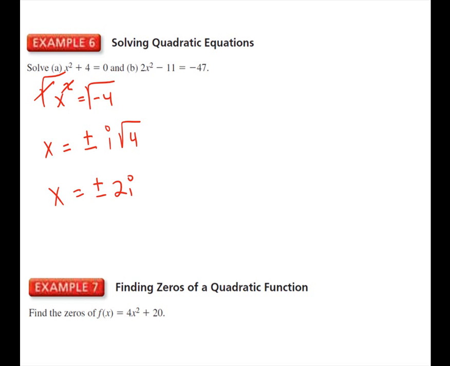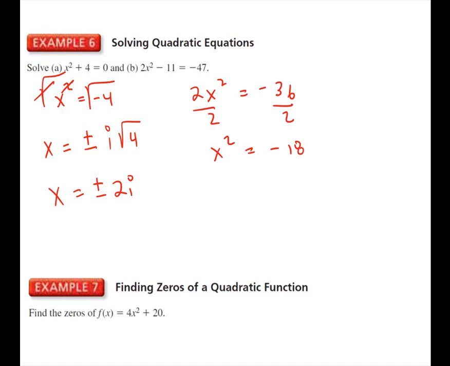Same thing with example B here. First you have to recognize that I'm solving a quadratic and it only has a and c, so I want to get the x squared by itself. I'm going to add 11 to both sides. So 2x squared is going to equal negative 36. Divide by 2. x squared is going to equal negative 18.